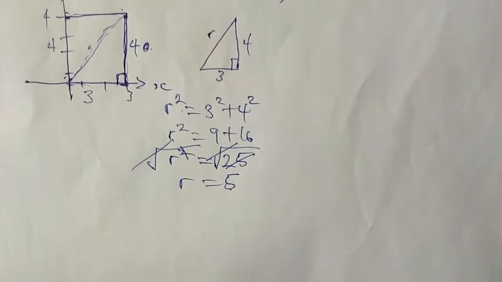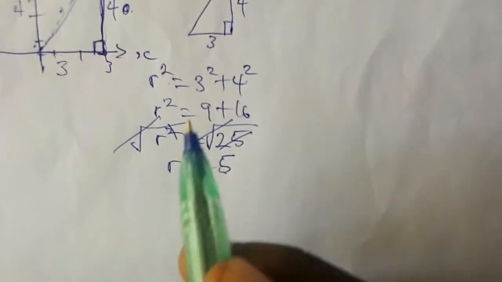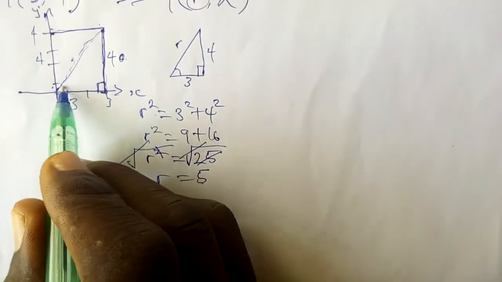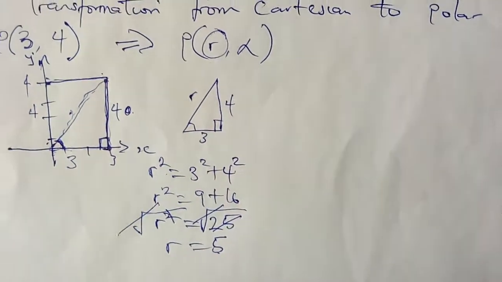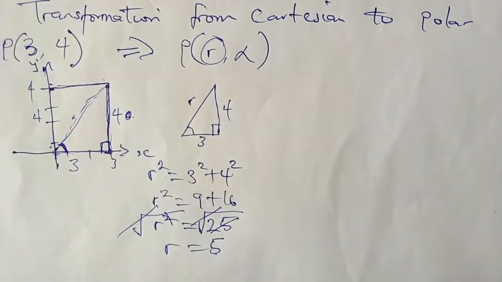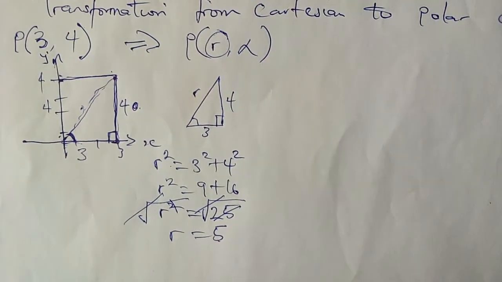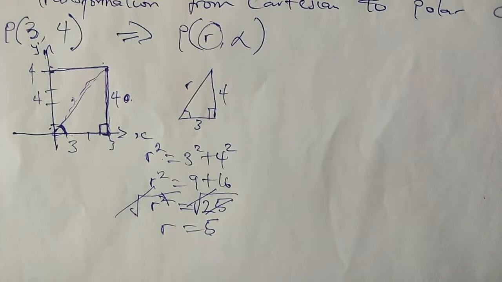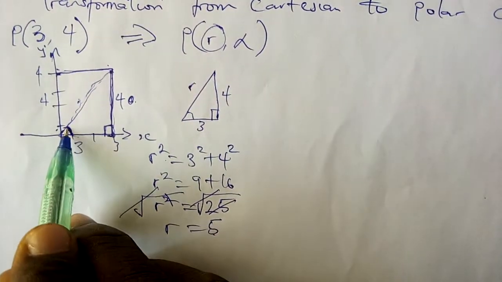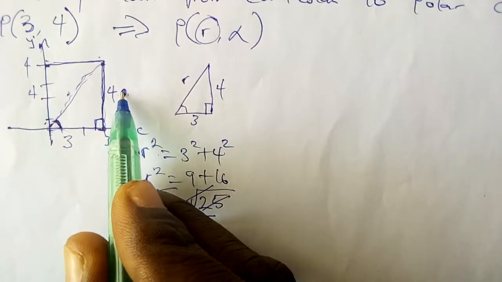Now for us to get the angle, how can we get the angle? This is the angle relating to the x-axis. If you remember your SOHCAHTOA, the sine, cosine, and tan. If you want to get the angle here, we have been given these two sides.